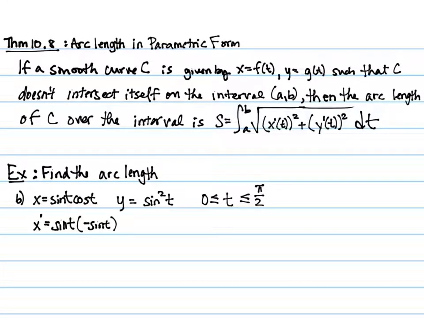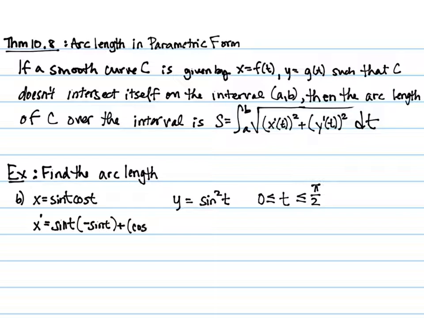And then plus, I need the derivative of sine, which is cosine, times cosine. So this is negative sine squared t plus the cosine squared of t.